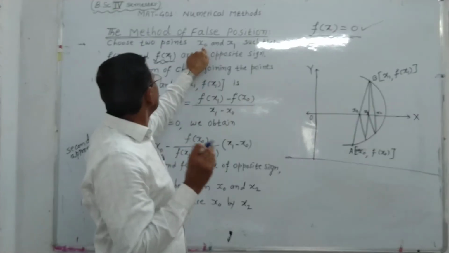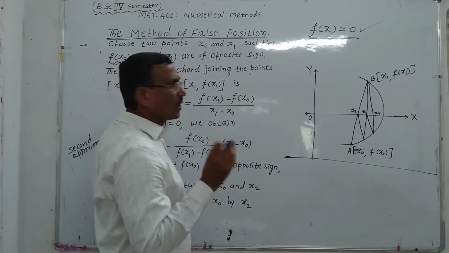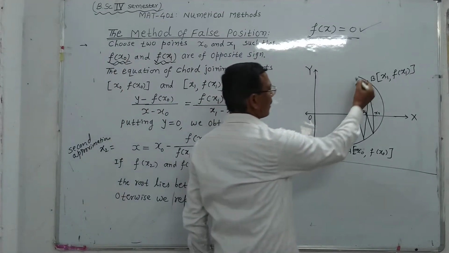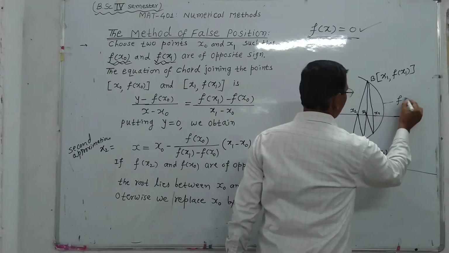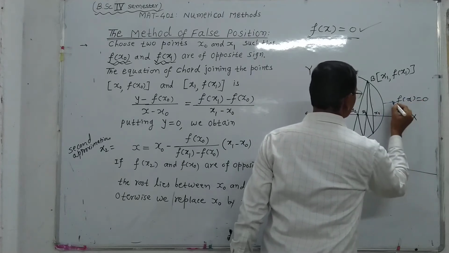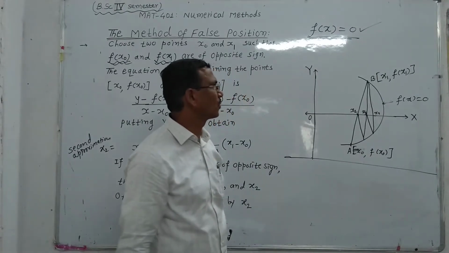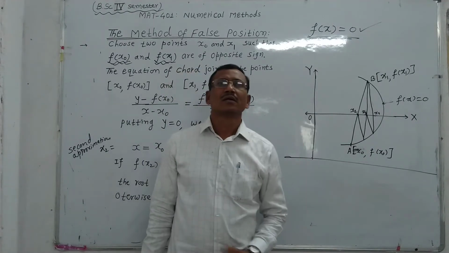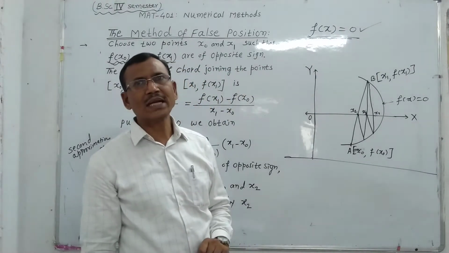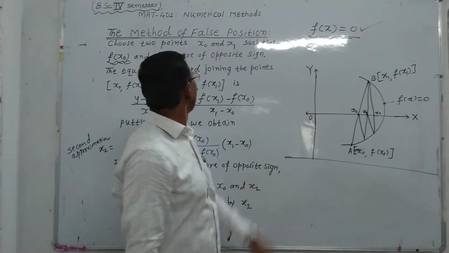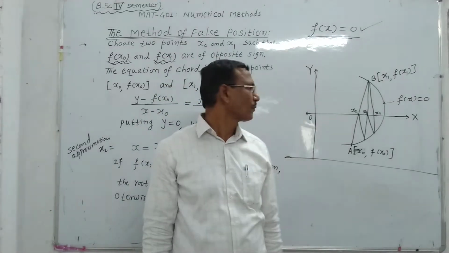That means x0, f of x0 is a point which lies on the given curve f of x equals 0. We have to find the root of this equation by using the method of false position.